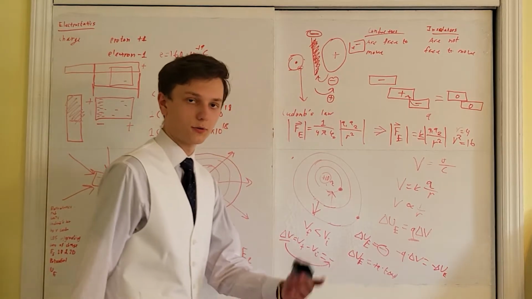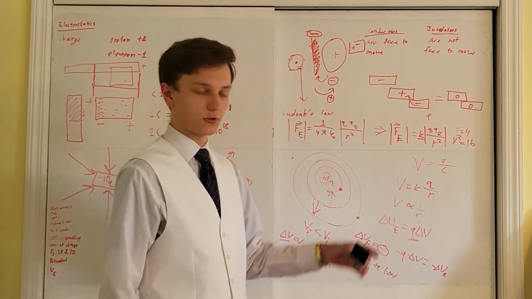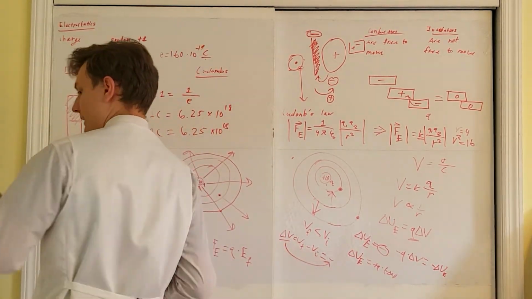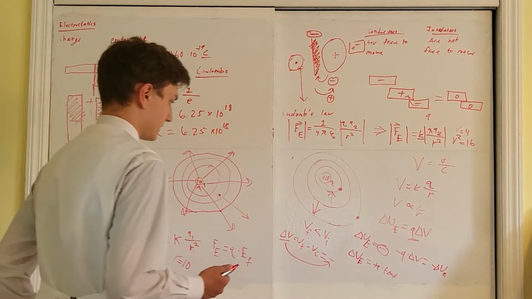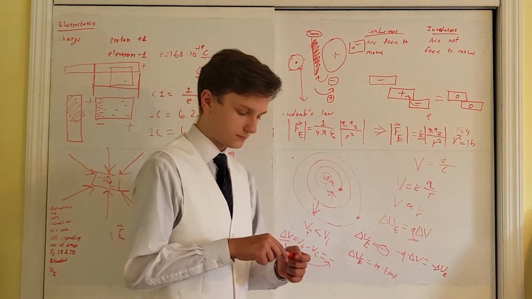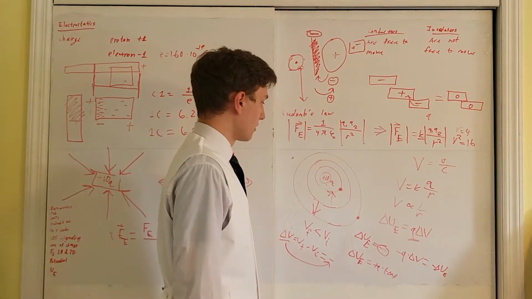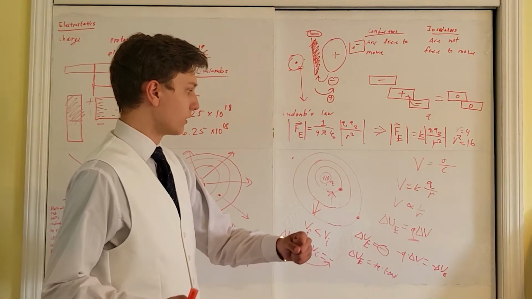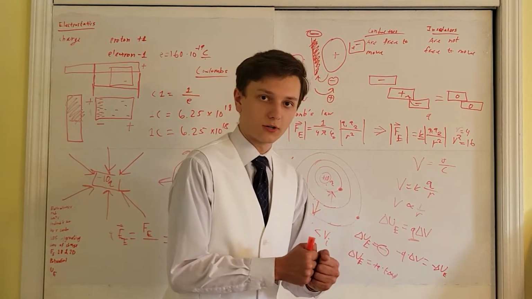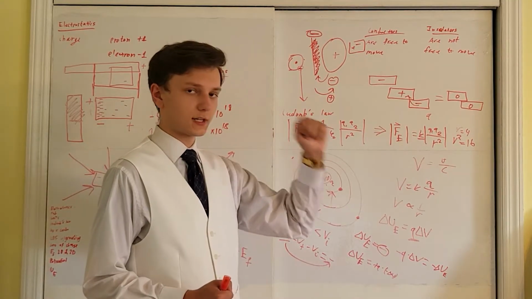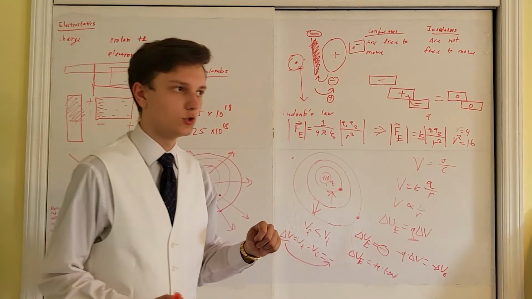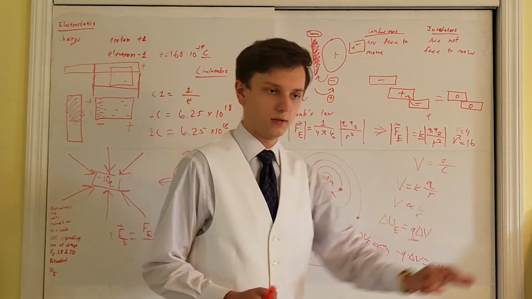It's a negative for both cases, whether you put a positive charge or a negative charge there. Why is the change in electric potential energy always negative? Because your electric force will always act on the particle to accelerate it. the electric force will always act to do work on the particle, right?